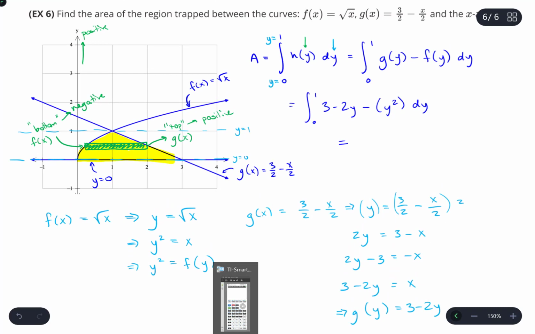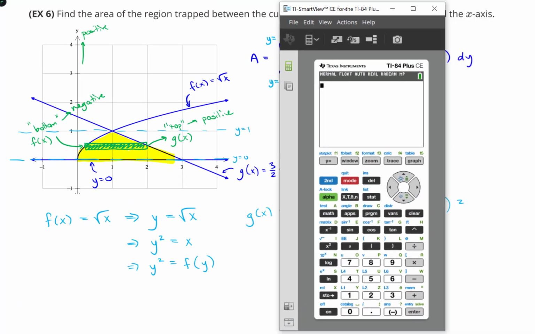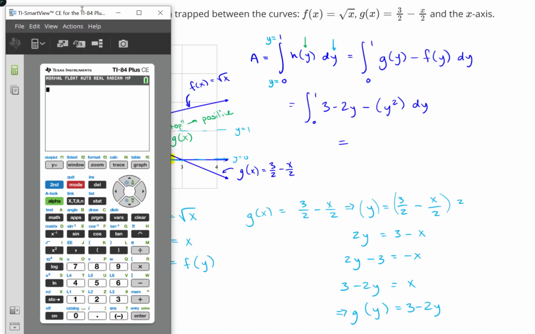Now, your calculator, when we're using fnInt, we can still use fnInt here. When you go under math and 9, you can specify a different variable to integrate with respect to. So this is no problem. Integral from 0 to 1 of 3 minus 2y.